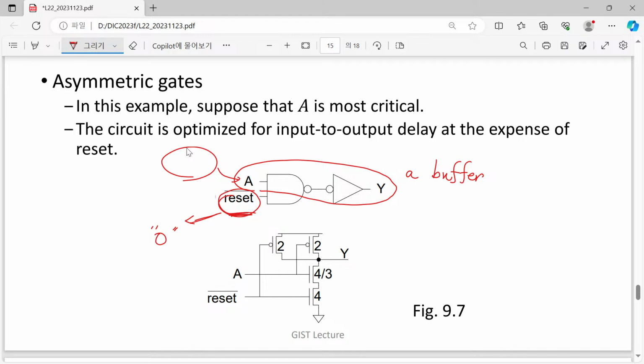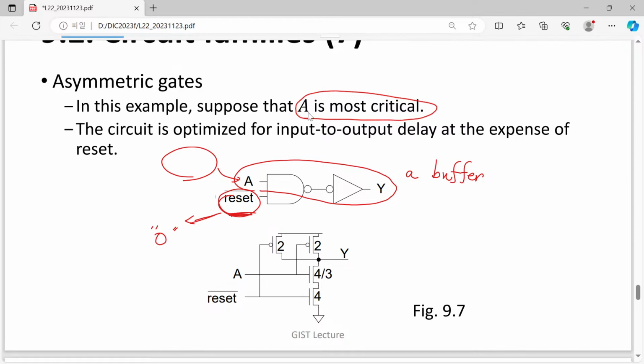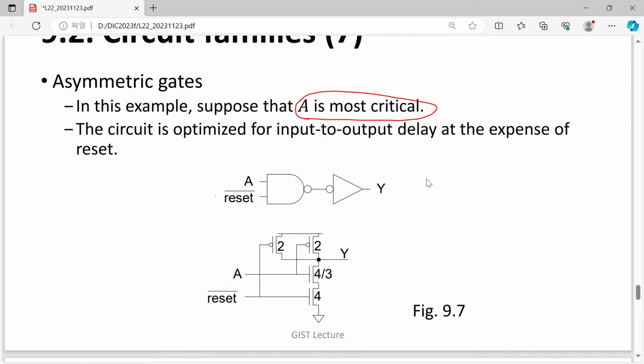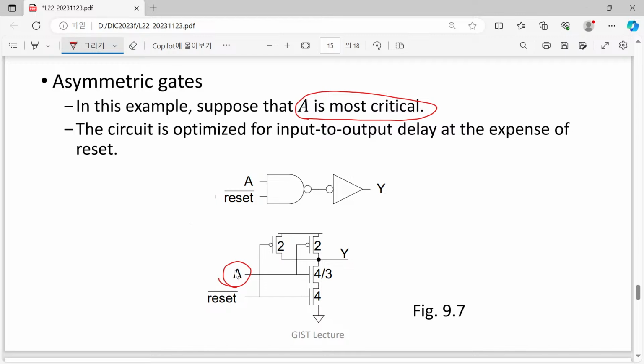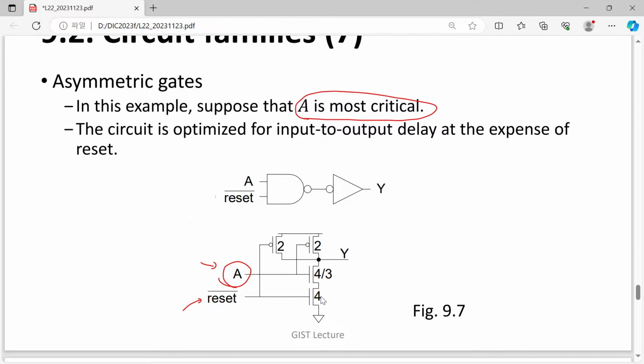Okay, if we suppose that A is most critical in terms of speed, and turning reset on or off is not that important, then our obvious choice is A is assigned to the inner part, and reset is assigned to the outer input. That is the thing we can think of easily.